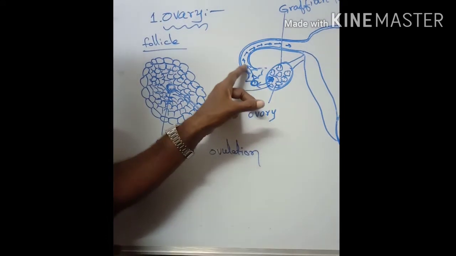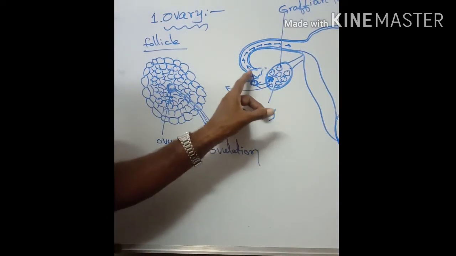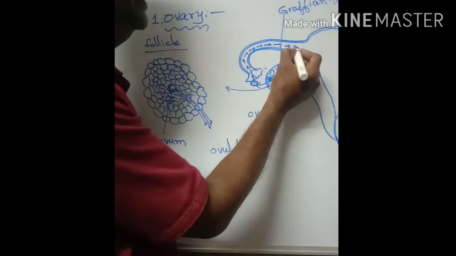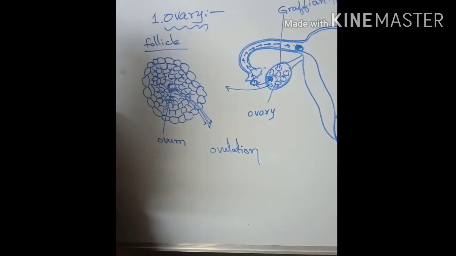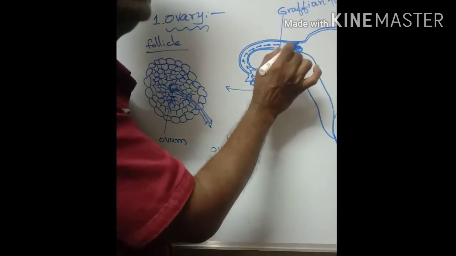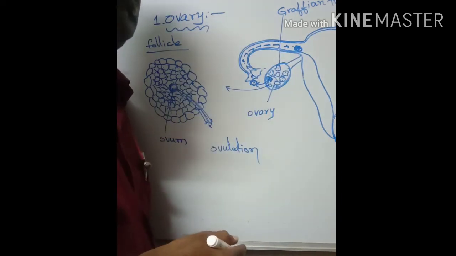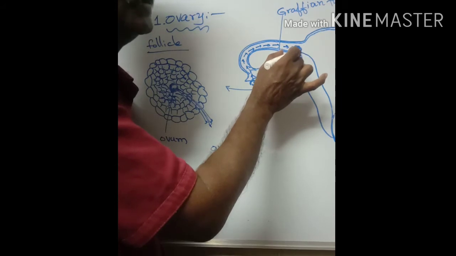Through this fallopian tube, this ovum gradually moves, maybe reaching to here. Then after reaching here, it may stay 1 day for fertilization. It stays here 1 day or 24 hours.